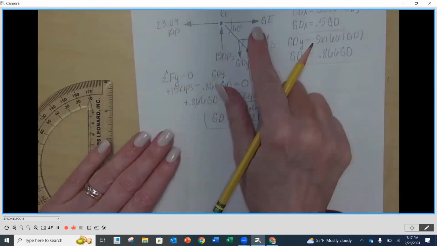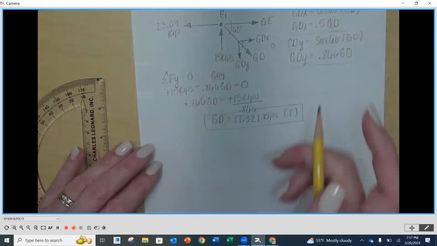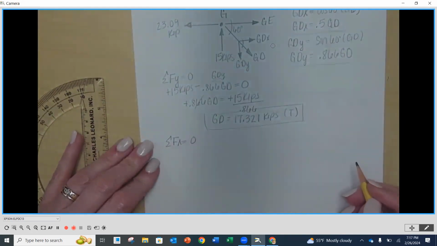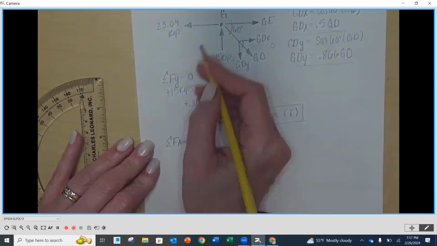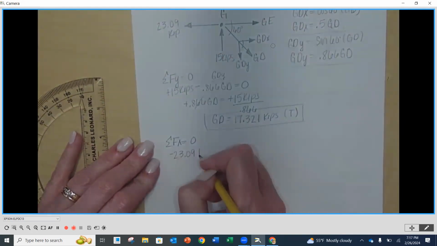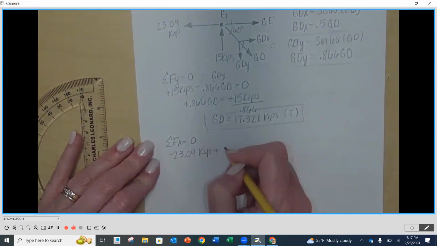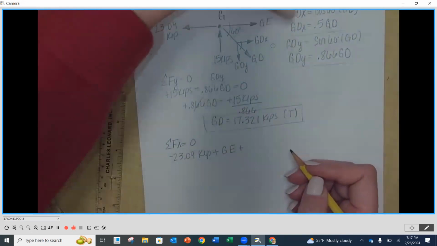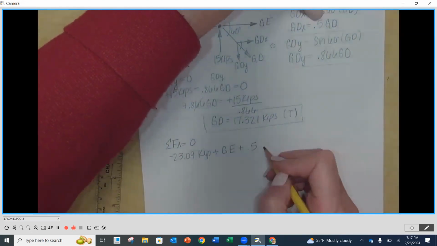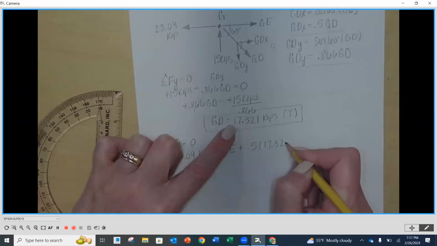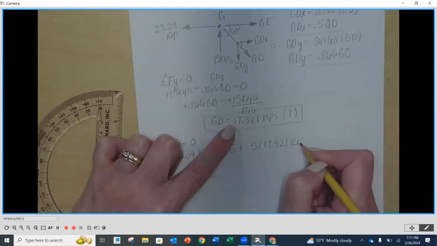My other unknown here is GE. So I need to do my sum of my forces in the X direction equal to 0 and solve for GE. So I've got a negative 23.09 kips, positive GE, and a positive 0.5 times GD, which I know to be 17.321 kips.